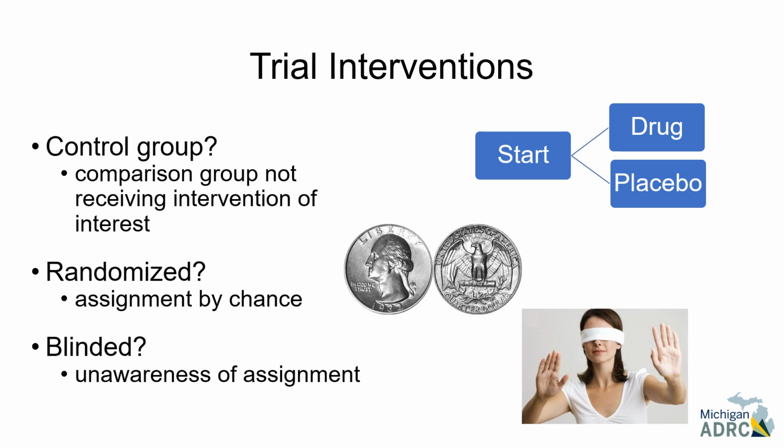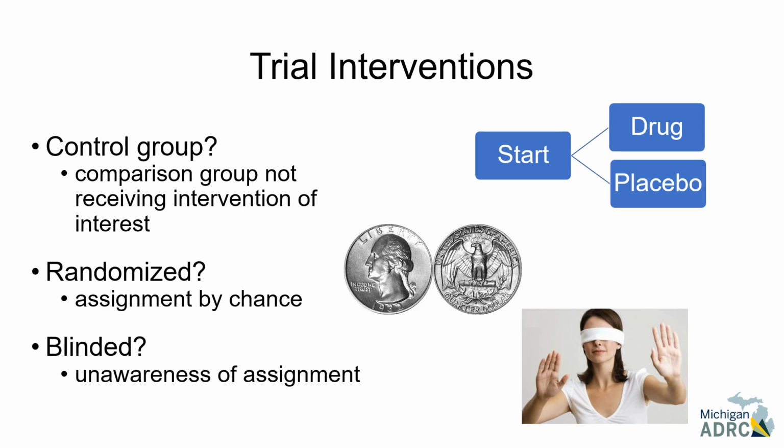If there is no control group and all of the individuals take a multivitamin for 3 months and have tests of their memory before and after taking the multivitamin, if their scores improve, we wouldn't know if it was from taking the multivitamin or from simply having been asked the same questions 3 months earlier and learning from those test questions. If there's a control group, then we can start to separate out the effects of the multivitamin versus anything else that happened during the 3 months.